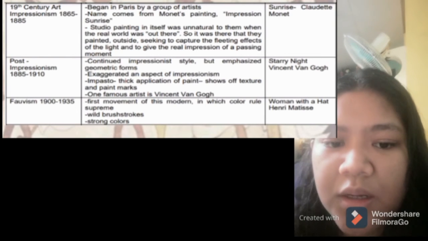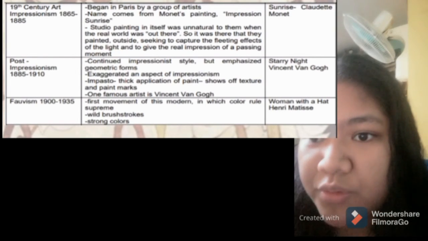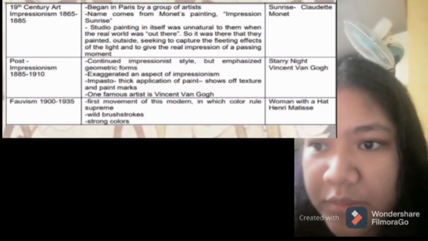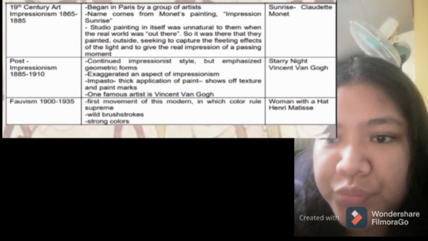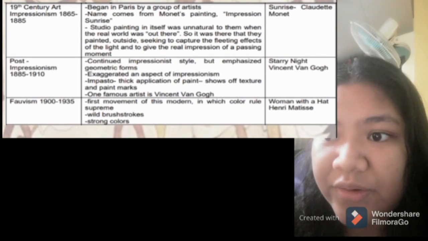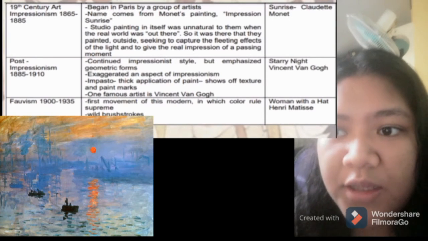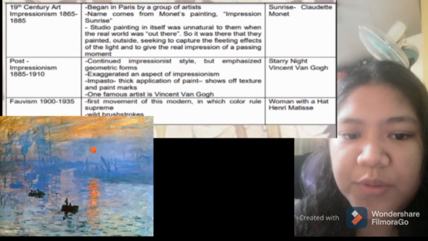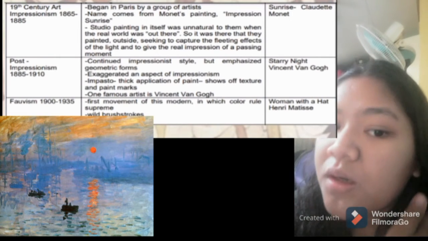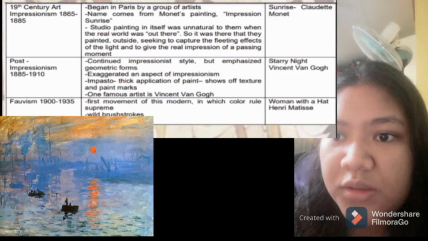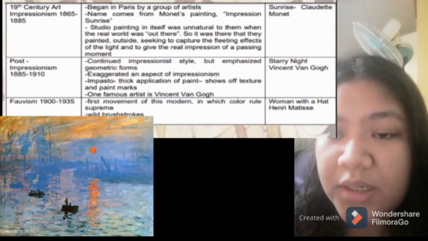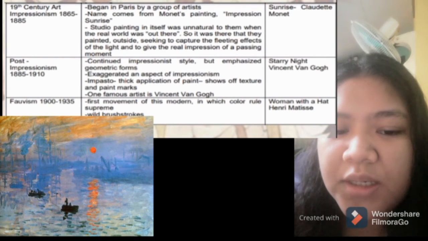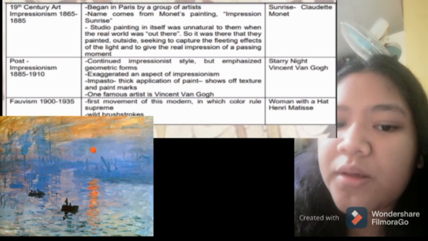So, on this period, nakilala po yung Sunrise na painting ni Claude Monet. Ito po yan, yung nasa picture. Kung makikita nyo, pininta po siya dahil sa kanyang pagbibigay ng liwanag.